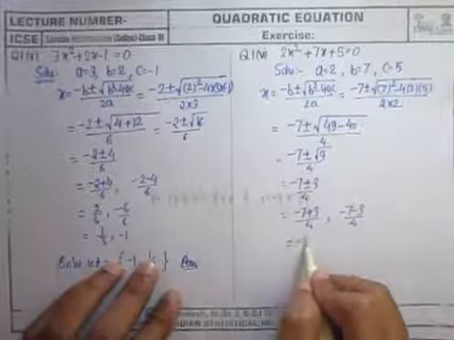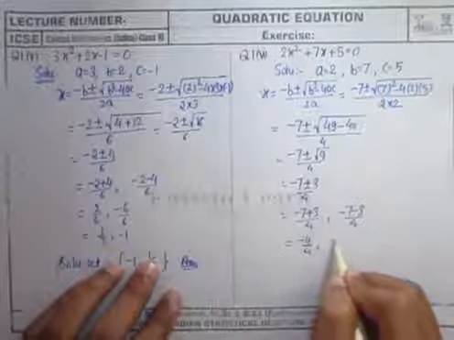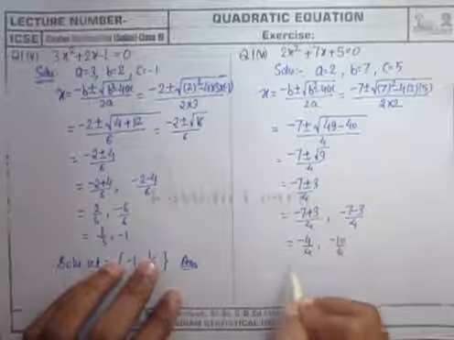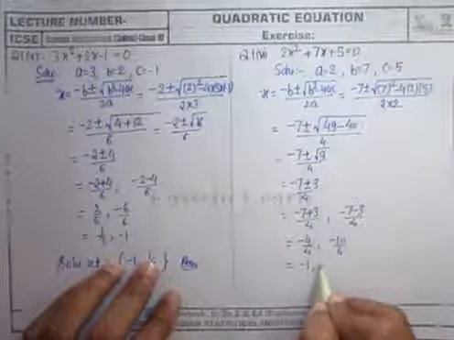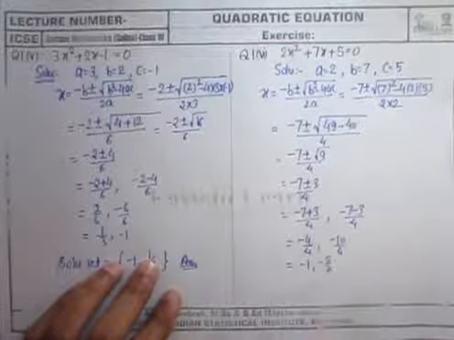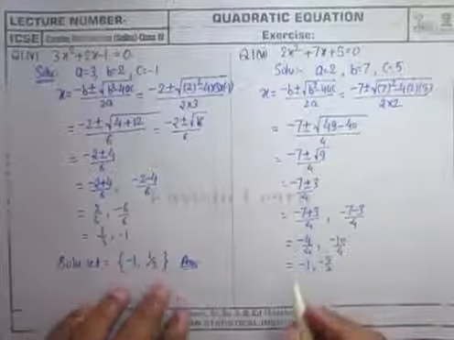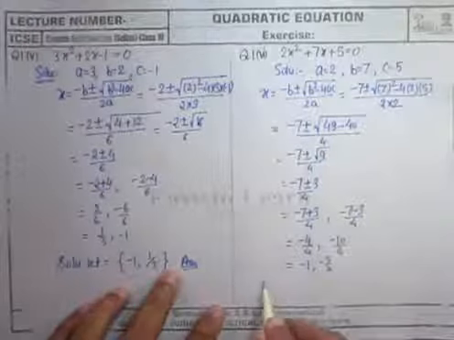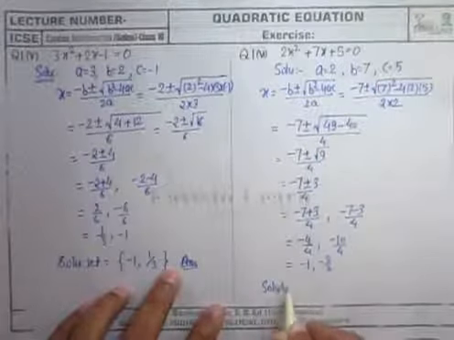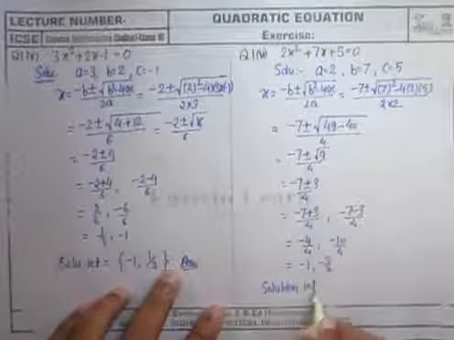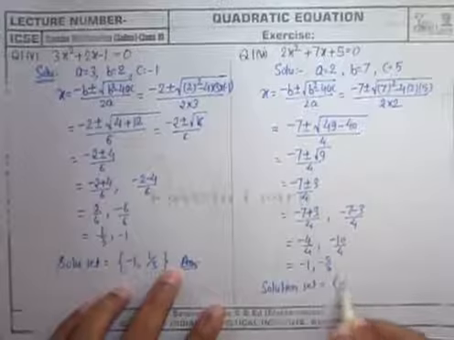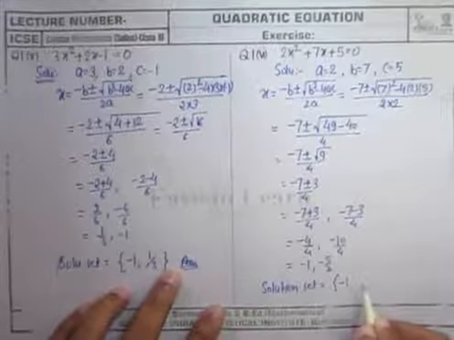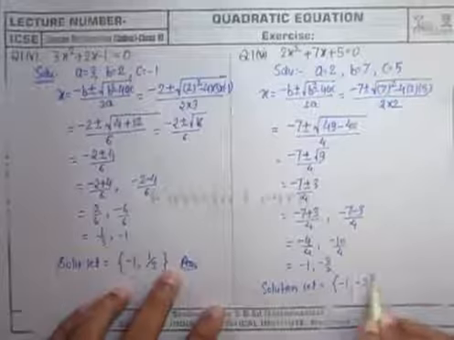So you will get 4 by 4 here and minus 10 by 4. So one answer will be minus 1, another will be minus 5 by 2. So solution set is equal to curly bracket minus 1 and minus 2 whole 1 by 2.